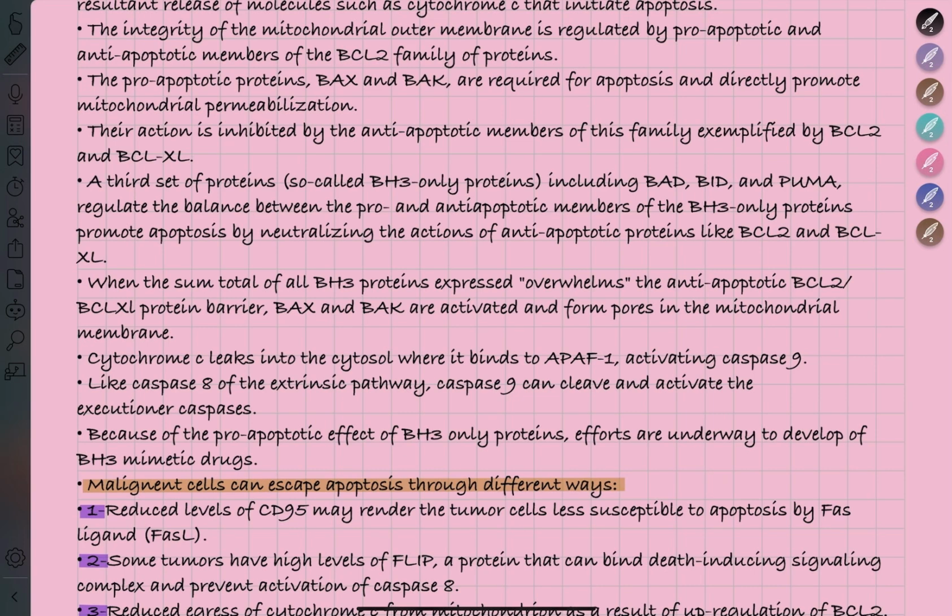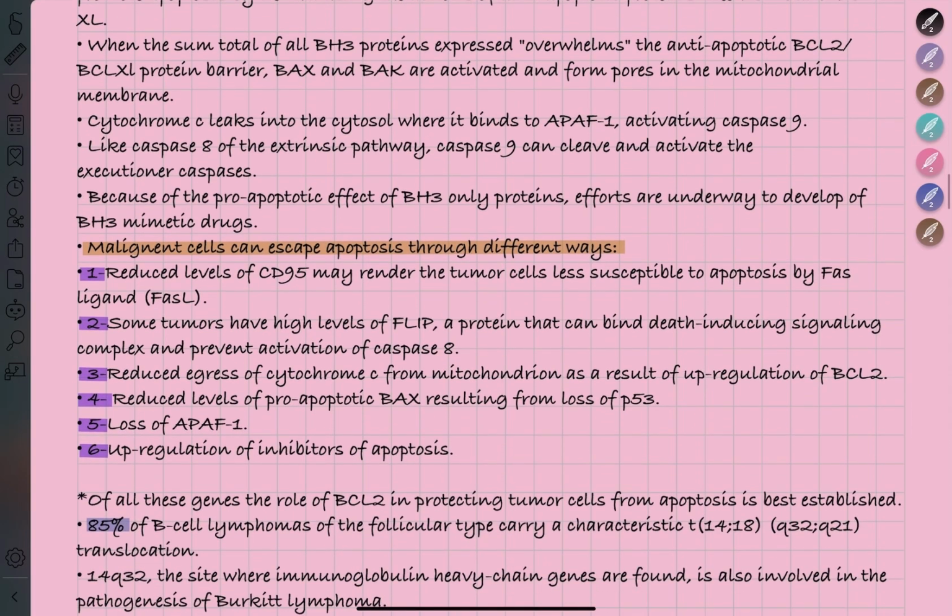This will overwhelm the anti-apoptotic factors, promoting apoptosis. So why would I ever want to promote apoptosis in a person? Man, we're studying cancers. I want to promote apoptosis in the cancer cells. The malignant cells can escape apoptosis. This is the bad thing, and that's why we want to study and create BH3 mimetic drugs.